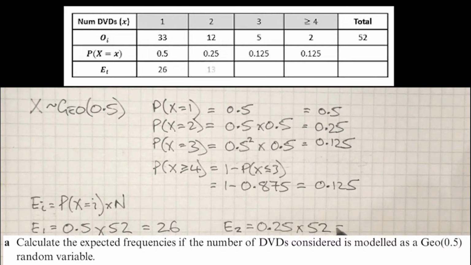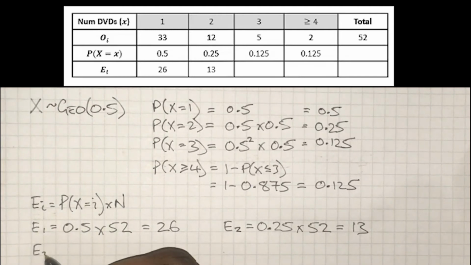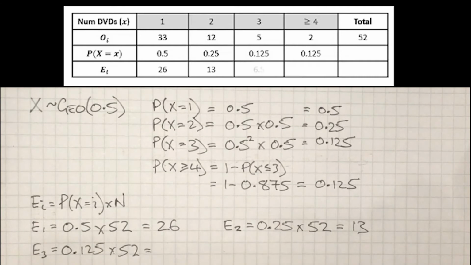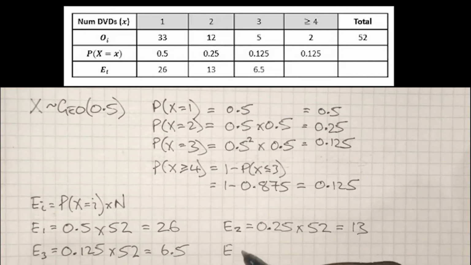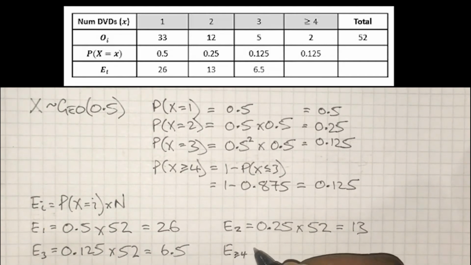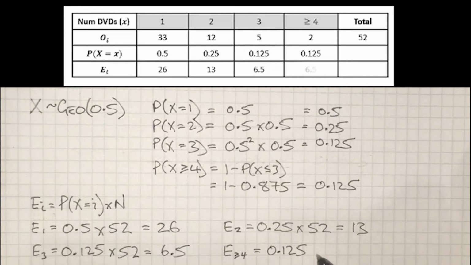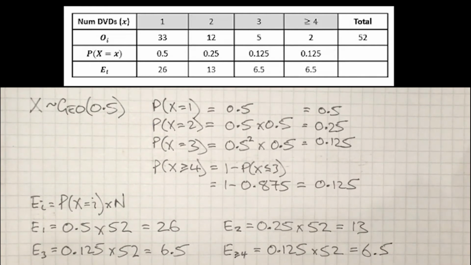The expectation for 2 is going to be 0.25 multiplied by 52, and so on and so forth. So the expectation for 3 is 0.125 scaled by n, 6.5. And the expectation for 4 or greater was the same probability, so I know it's going to be the same expectation: 0.125 multiplied by 52.